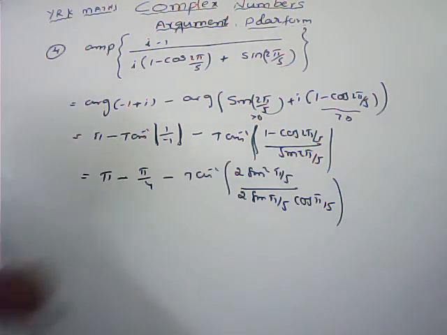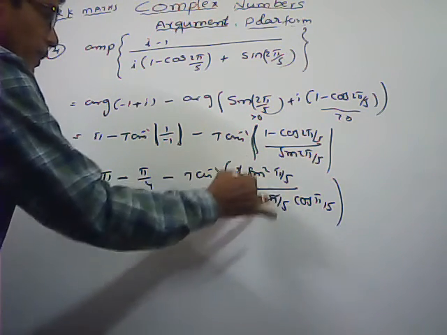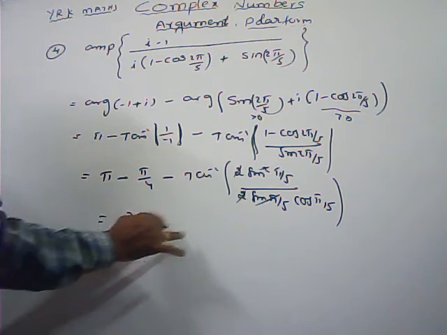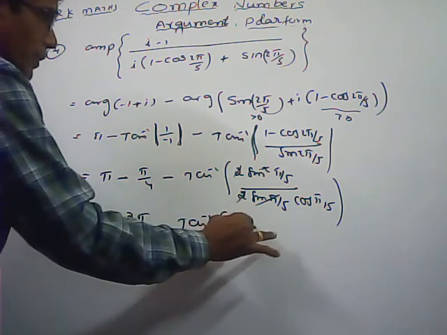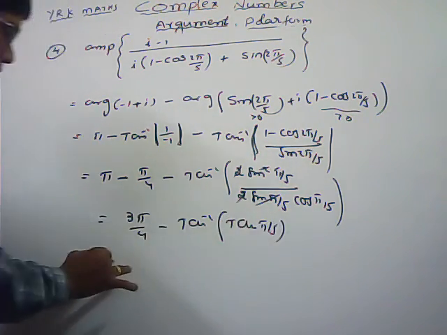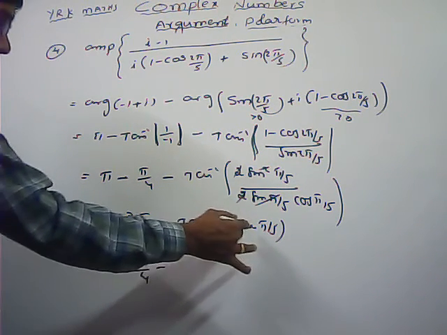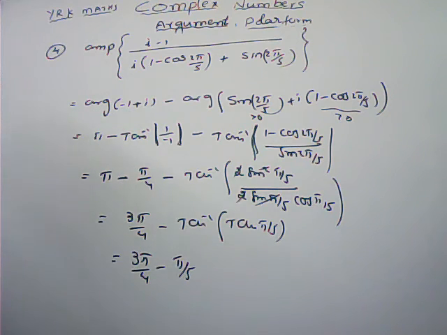Here 2 gets cancelled, sin gets cancelled. This is 3 pi by 4 minus tan inverse of tan pi by 5, that is equal to 3 pi by 4 minus tan inverse of tan theta. We can write directly theta, if theta belongs to minus pi by 2 to pi by 2.